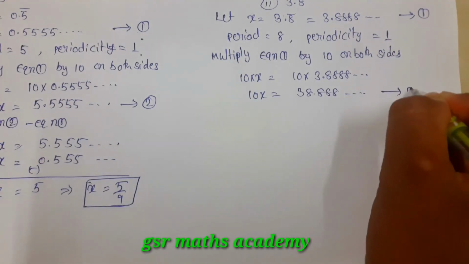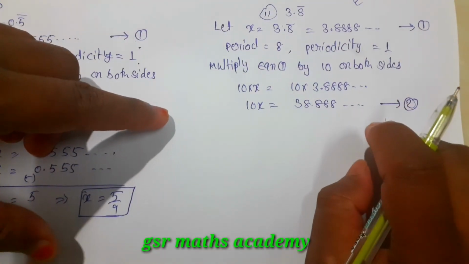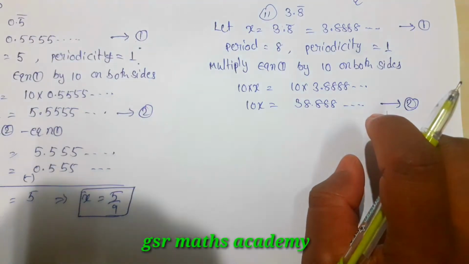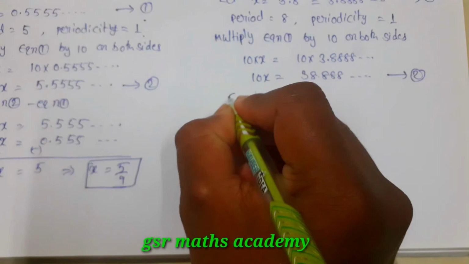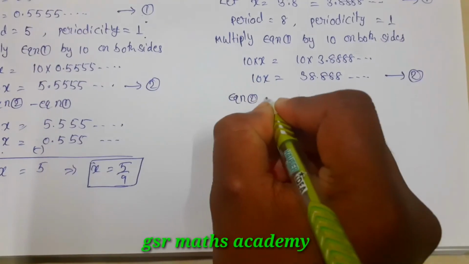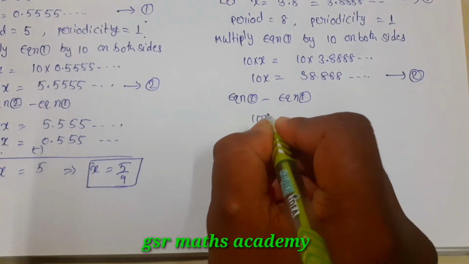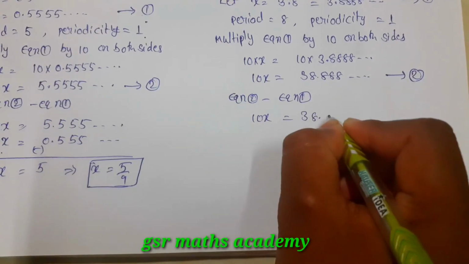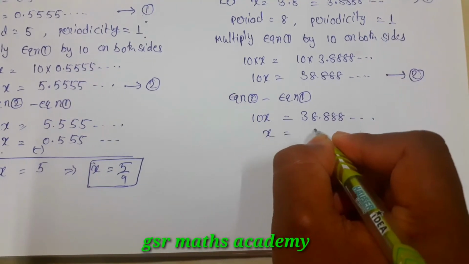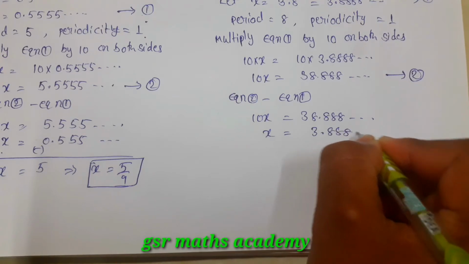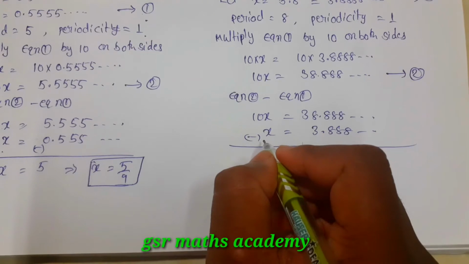So this is the second equation. Now if you observe this, from the second equation, if you subtract the first equation, you get the x value. So equation 2 minus equation 1, that is 10x is equal to 38.888 and so on, and x is equal to 3.888 and so on.